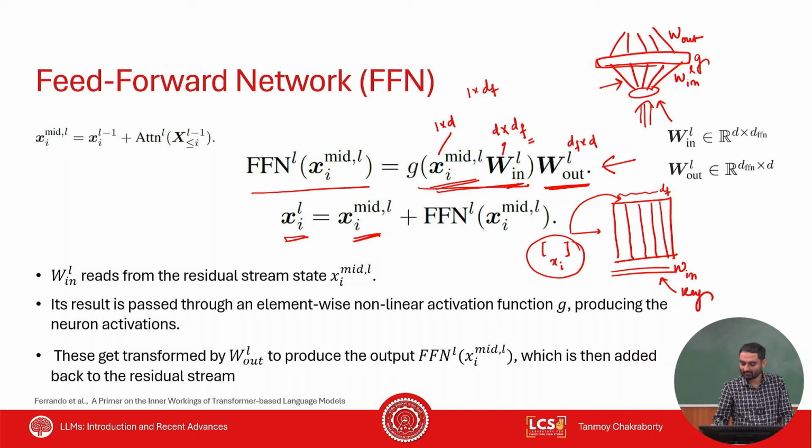As if there is a key which is hidden within this W_in, and you feed the input, and depending on the input, the pattern will be retrieved from the key. And remember, this is an element wise operation, in the sense that the first value of X_i will be multiplied with the first column of this matrix, the second value will be multiplied with the second column of the matrix, and so on.